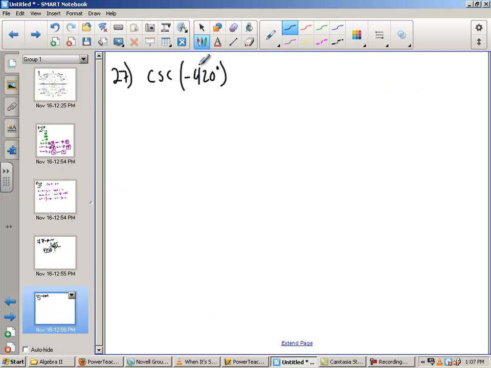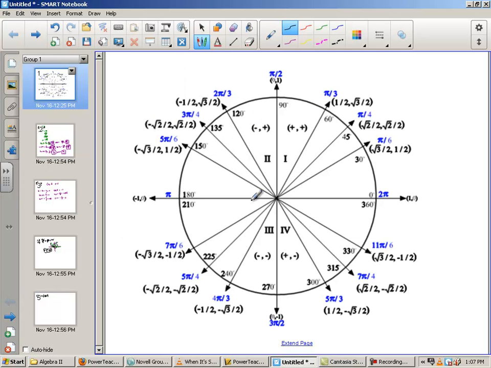Number 27 says to take the cosecant of negative 420 degrees. Well, I'm going to need some values from here. So first thing is I'm going backwards this way. And when I make one rotation, that's a negative 360. Well, if I take that 360 away from the negative 420, so I'm just going to add 360 to get what's left over, I have to have negative 60 degrees.